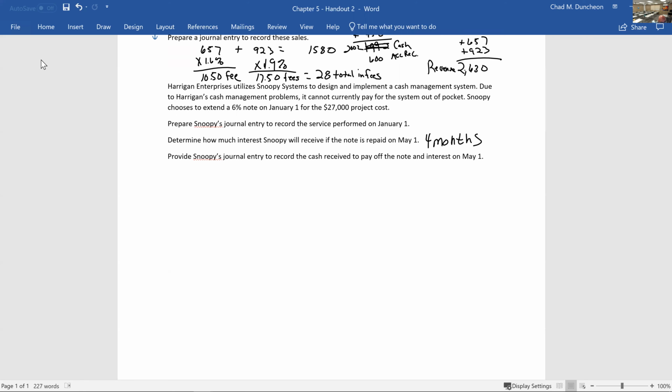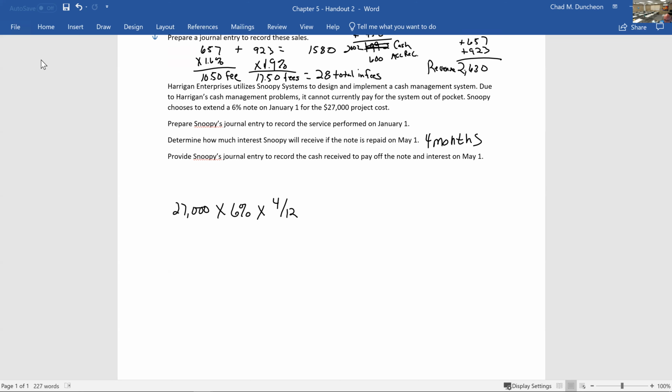So to calculate our interest payment, we take our principal, 27,000, multiplied by 6% or 0.06, multiplied by 4/12.